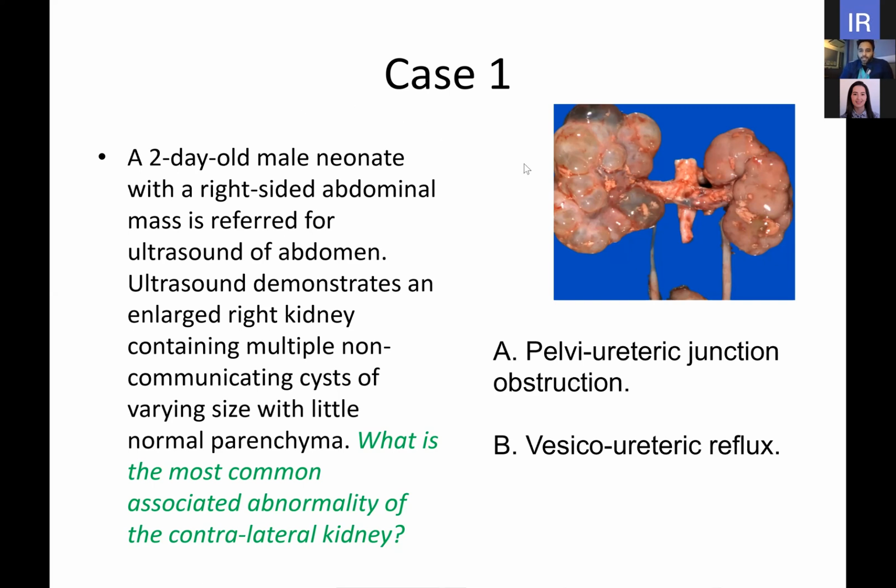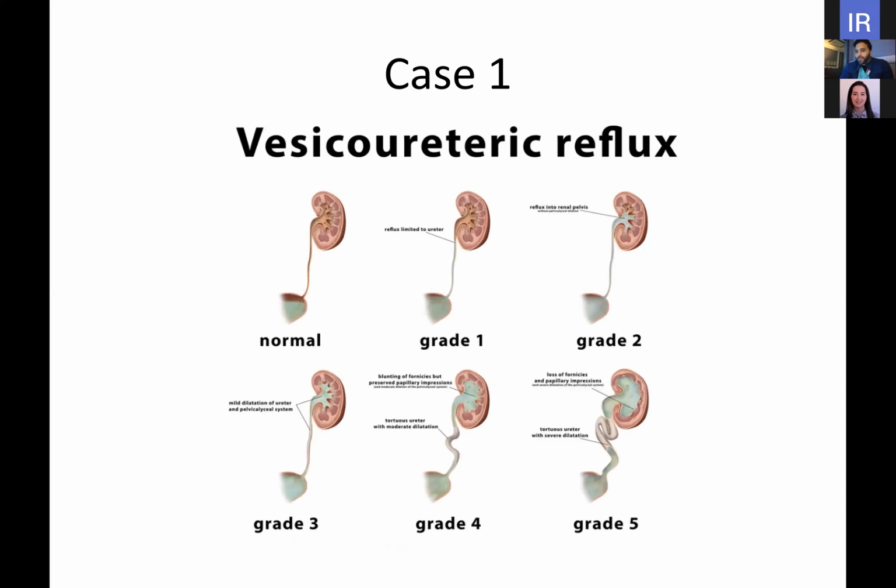But in terms of grading, you may or may not have seen the grading classification. This is something to know, especially once you get into radiology, mainly because you'll be doing certain studies that will assess the actual grade of the reflux, and this has treatment and management implications for the patient, be it in pediatrics.